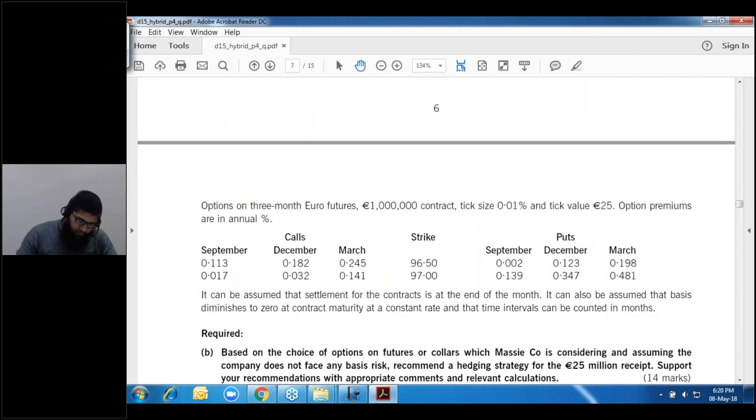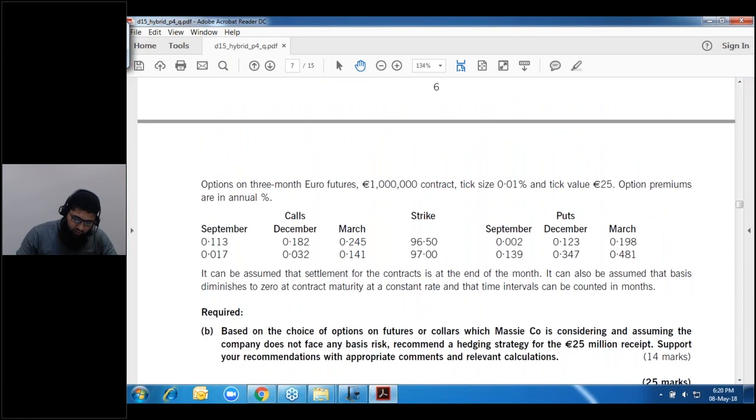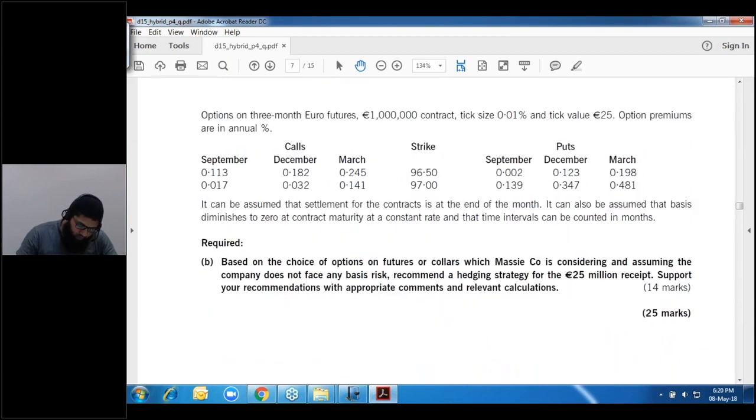And then it says the options on the 3-month euro futures are so and so, contract, tick size, and option premiums, etc. It can be assumed that the settlement of the contract is at the end of the month. So it's the same assumption that the contracts are going to expire at the end of the month. And also, it can be assumed that basis diminishes to zero.